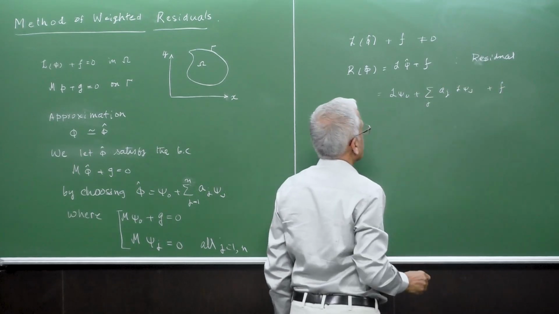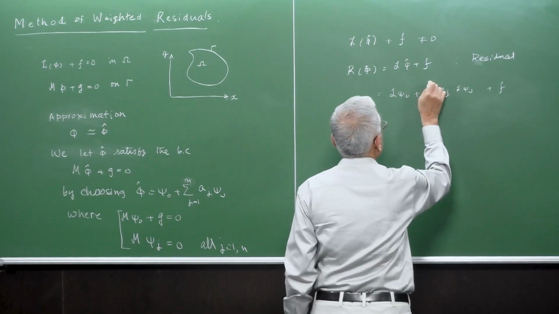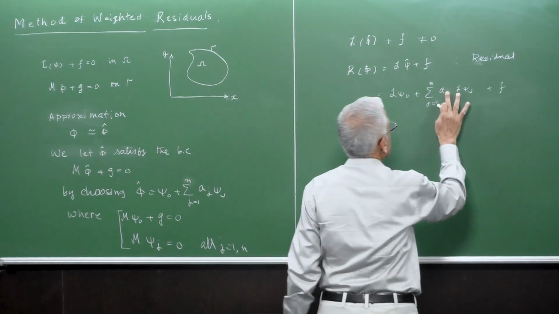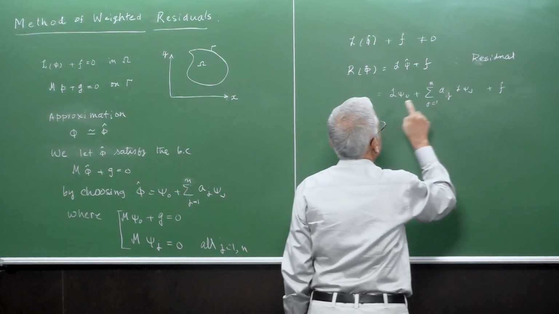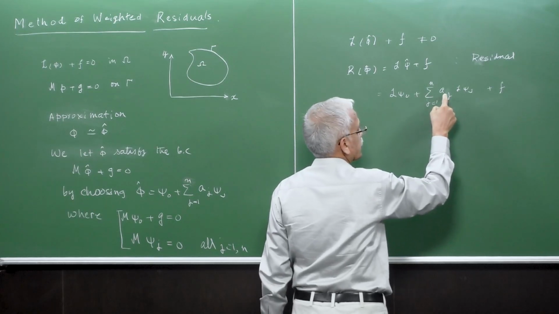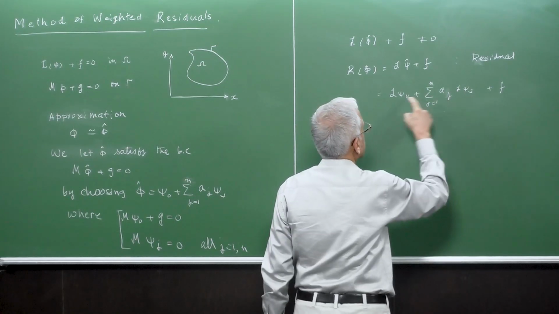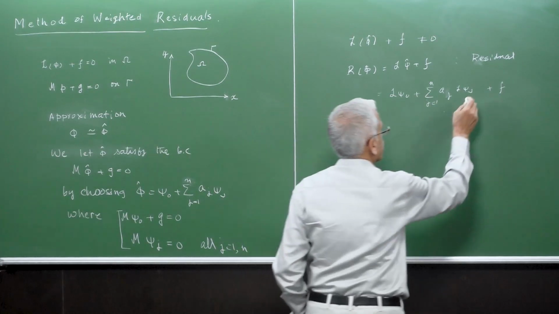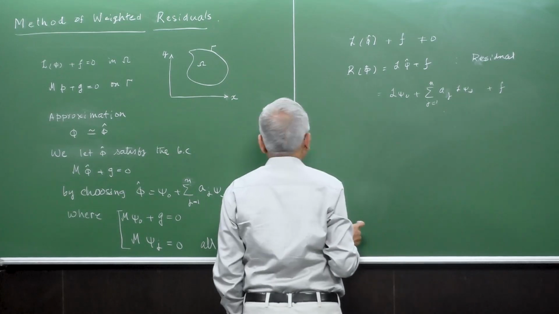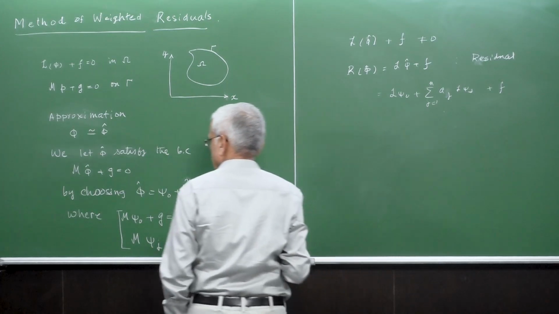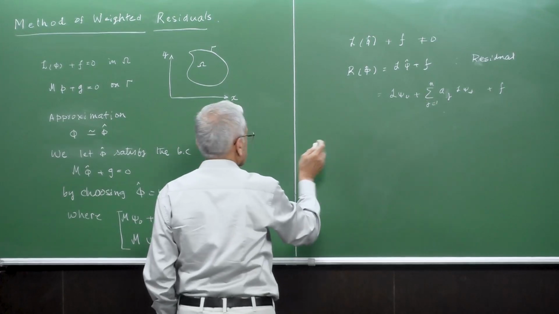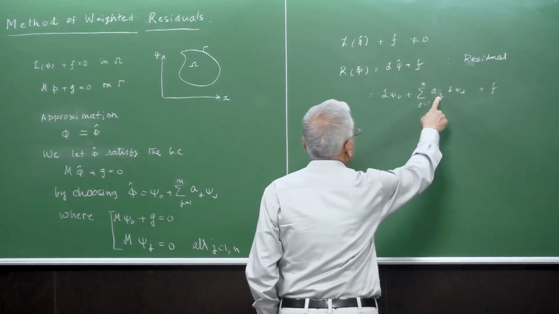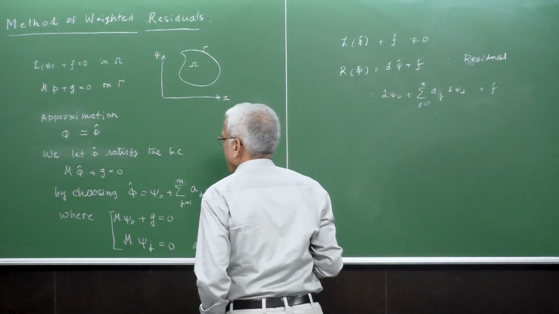As you can see, this has undetermined coefficients a j, while psi naught and psi j are assumed as per our method. So what is to be done? To find these a j, there are n coefficients, so we need n equations.